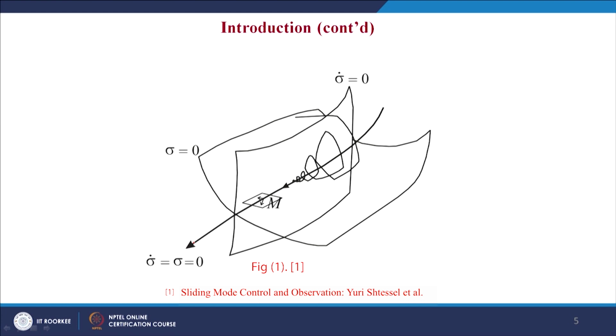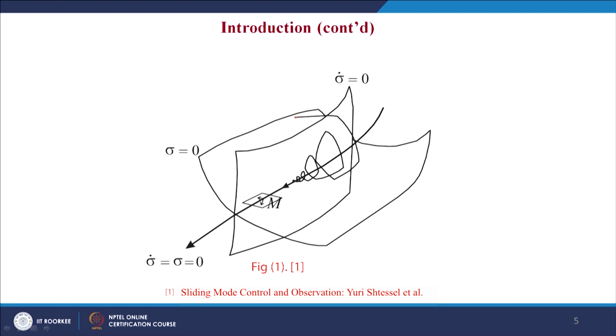That is the sliding domain where the trajectory of the states should converge. That is the line of interest where the trajectory of the states must sit and get to the equilibrium point, that is, sigma dot equal to sigma equal to 0.